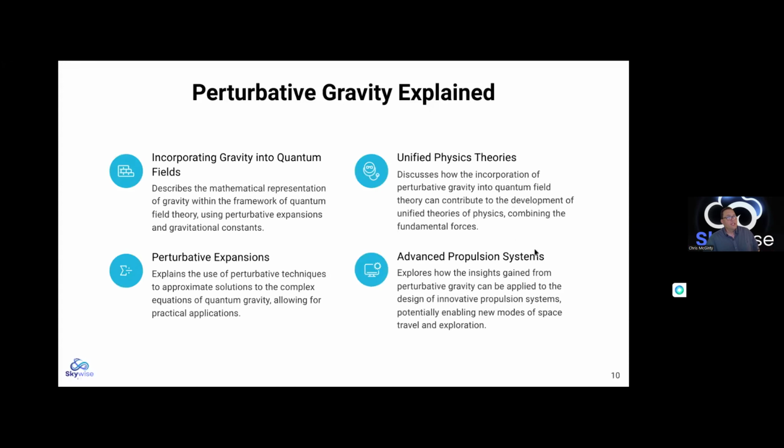This perturbation, again, I explained a little bit of this earlier, is where we're incorporating gravity into quantum fields, effectively creating a way to measure quantum gravity. And that's what we needed in order to make some of the further breakthroughs down the road. This comes into play with quantized inertia, which is from Mike McCulloch, who's at Oxford.